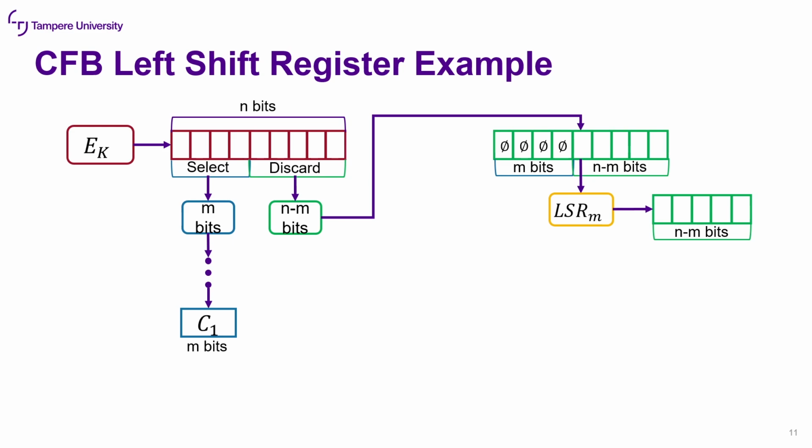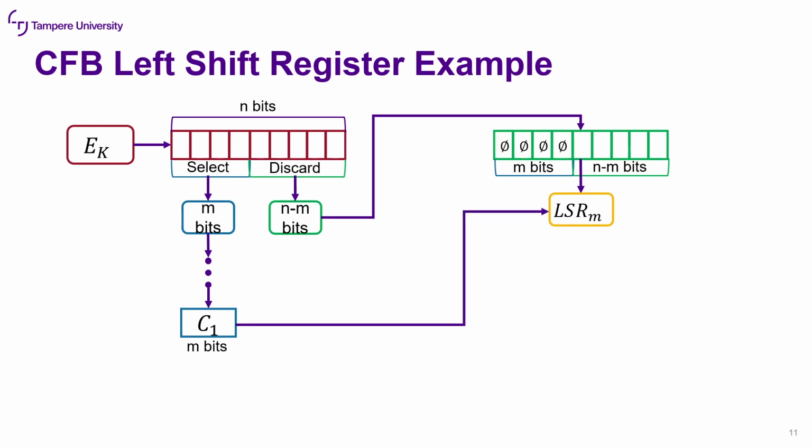However, to input it into the encryption circuit, we need something that is n bits long. So to do this, we simply want to pad our output. In this case, we reuse the ciphertext block that we made previously and end up creating a new input that looks like this.